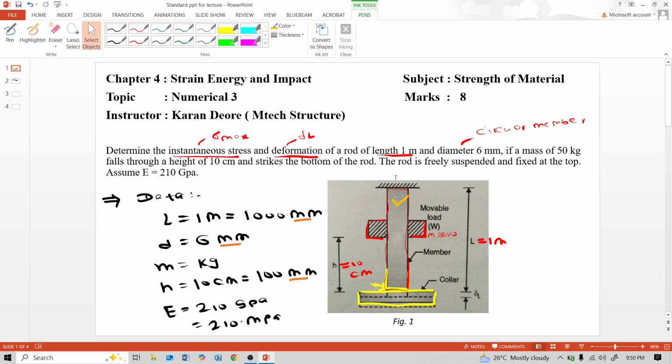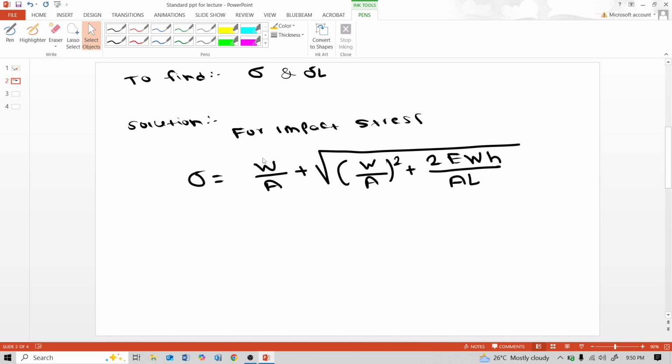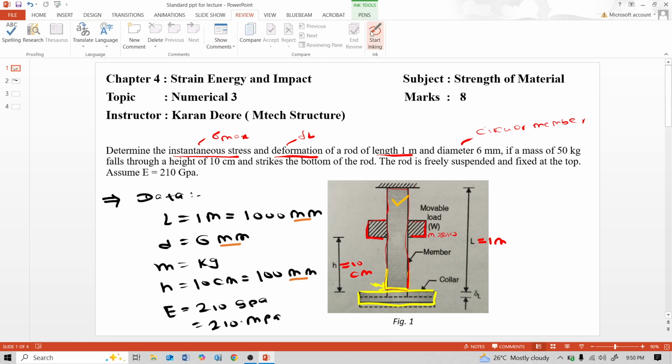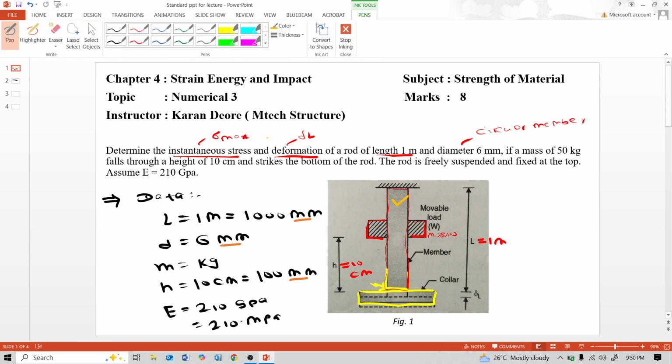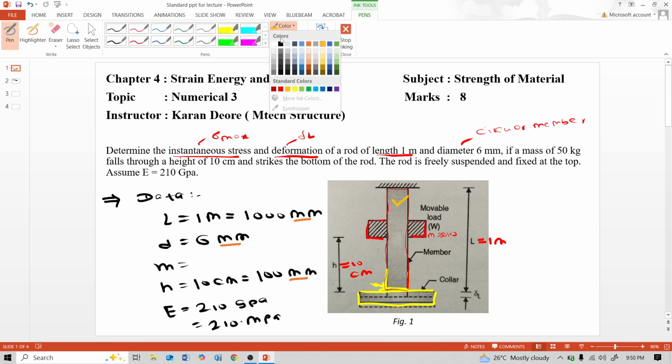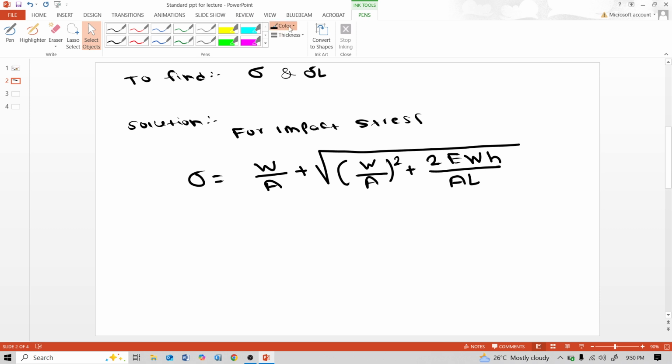So see this formula. W, the load, we don't have this W. See this movable load W, we have only M, mass, and mass is in kg. Mass is 50 kg. So we don't know W, what we don't know, I circle it in red color. So this W I don't know.